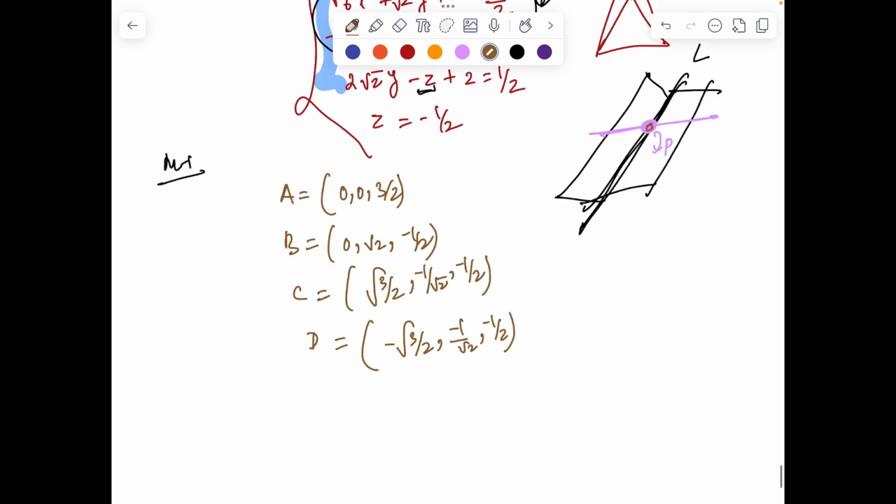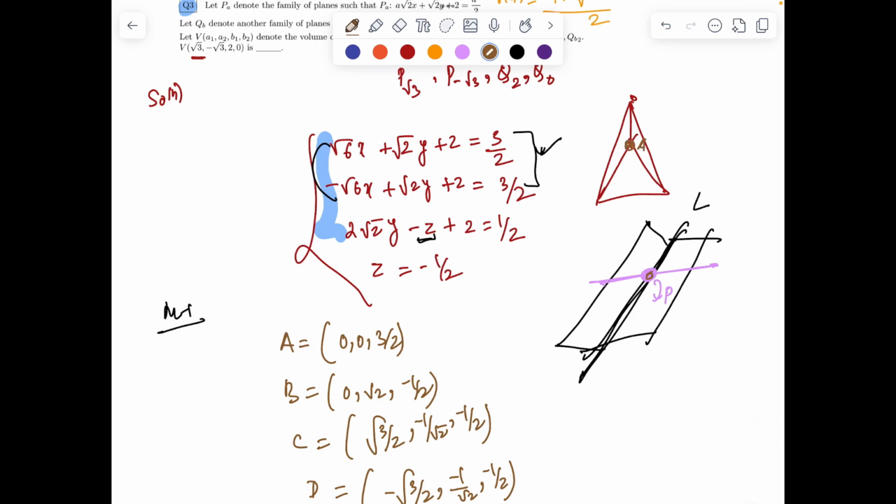Now given 4 points A, B, C, D, we can easily find the volume of this tetrahedron by defining AB, AC, and then AD, right? So AB and AC will give the area of the base.